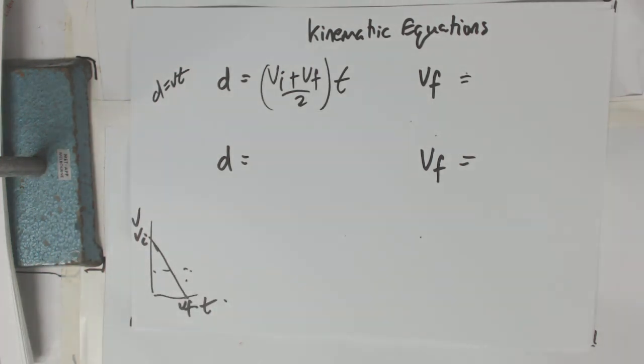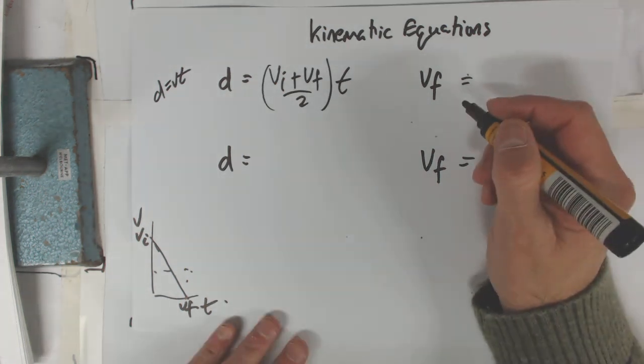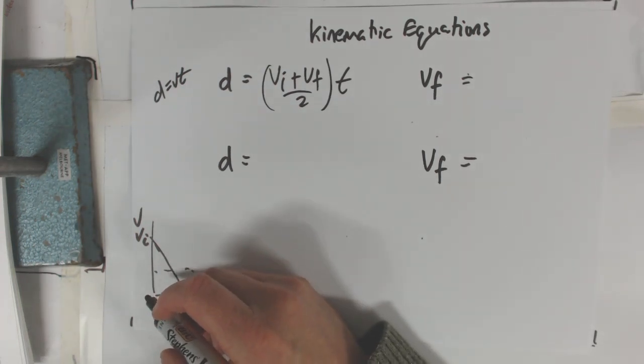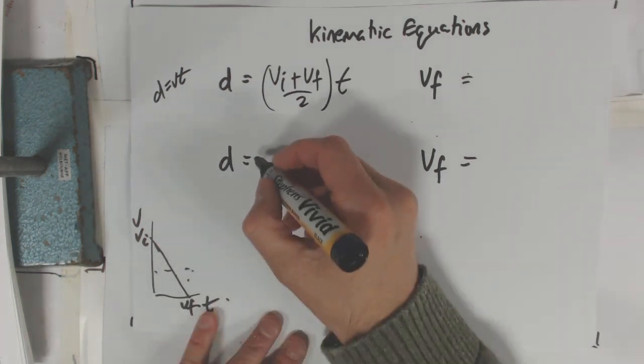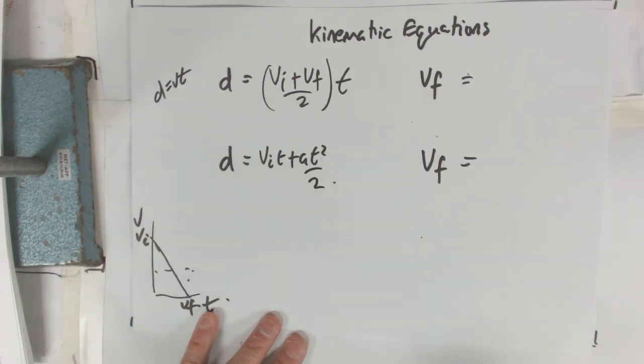So with a constant acceleration, because that's what you're assuming, the average velocity will just be divided by 2, and it doesn't matter what the acceleration was.